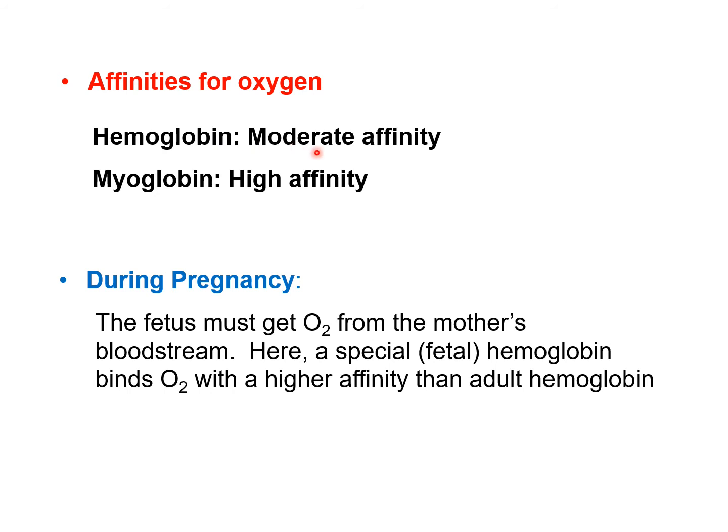So it has to have a moderate affinity, so it can easily control the affinity too. And during the pregnancy, the fetus must get the oxygen from the mother's bloodstream. So this fetus expresses a special fetal hemoglobin that binds the oxygen molecules with a higher affinity than the adult hemoglobin.